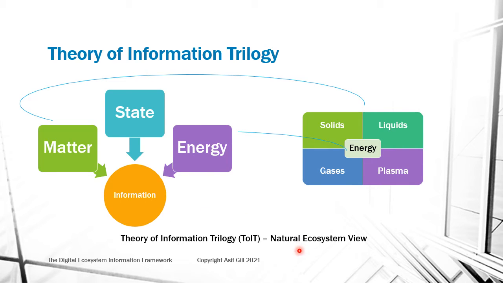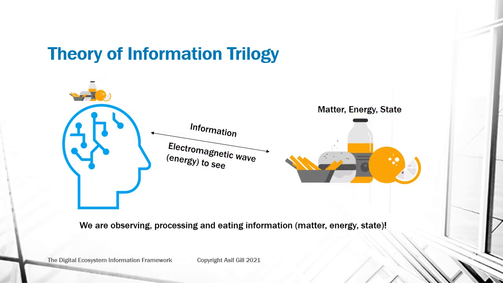Through this lens, we can recognize what our physical world is made of, and we can observe information everywhere. That's what we call the natural ecosystem view of information. Having that view, let's look at an example experiment and observe.